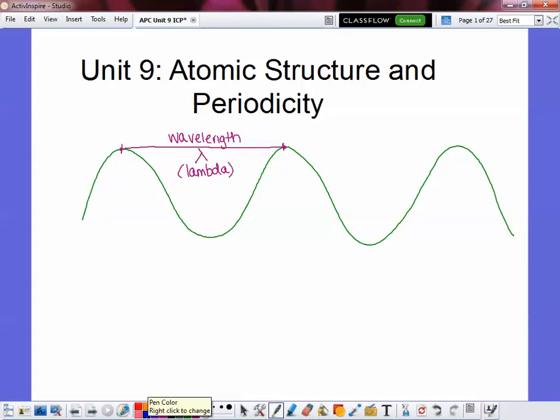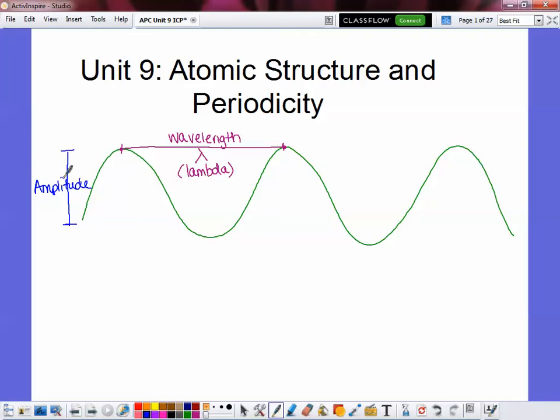Another piece that we're going to be talking about, now just an FYI, we're not going to really deal with this, but what is this called? Amplitude. We don't really deal with that in this unit. I know that when you're talking about sound waves, the amplitude refers to the loudness of the sound. So the bigger the wave, the louder the sound.